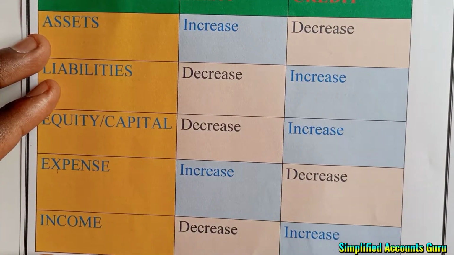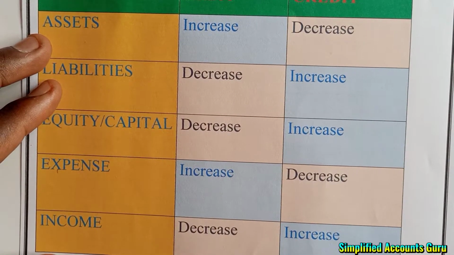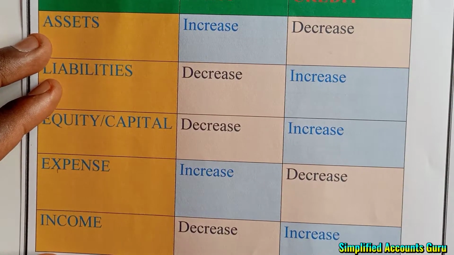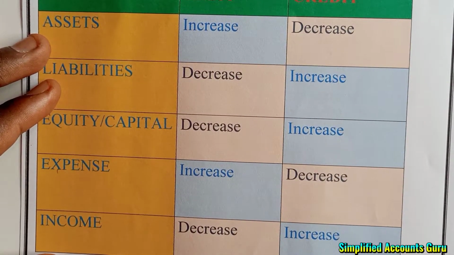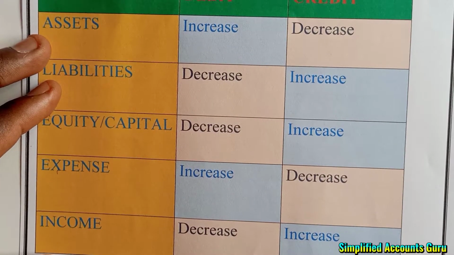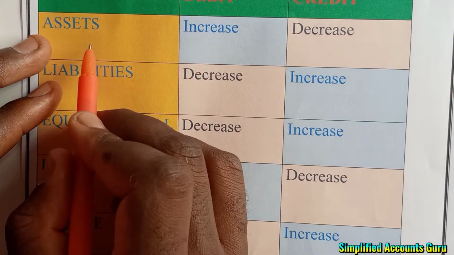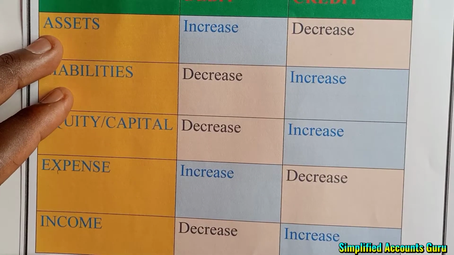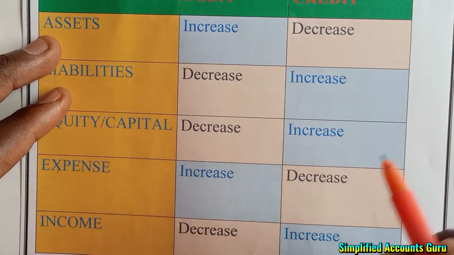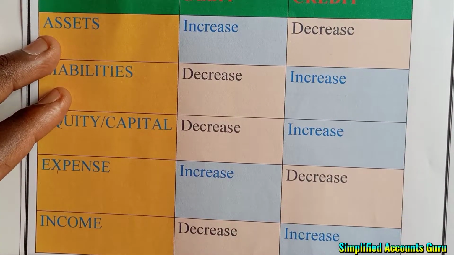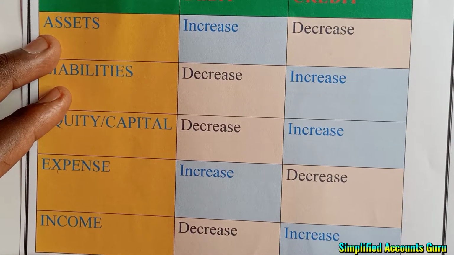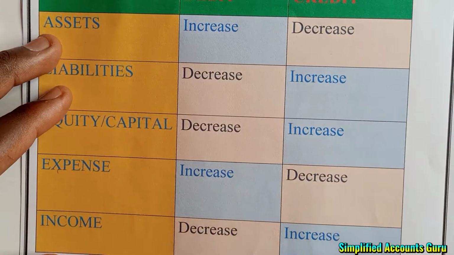Then if we only have two accounts that have been affected, once you can identify one in terms of the treatment, the opposite becomes true. Other people also say that if the asset that has been increased is debited, then vice versa is true. It means that the other asset that has been decreased should be credited.